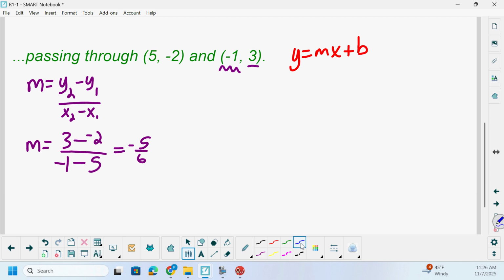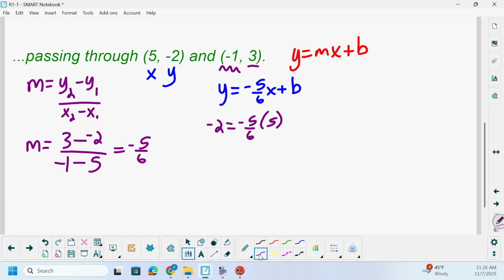So we're going to take our y equals mx plus b, and we're going to fill in the m that we know, the negative 5/6. From here, we can pick either of the 2 points to plug in for x and y. I'm going to go with the (5, negative 2). So there's our x, there's our y. In place of y, I'm going to fill in negative 2. And in place of x, I'm going to fill in 5.